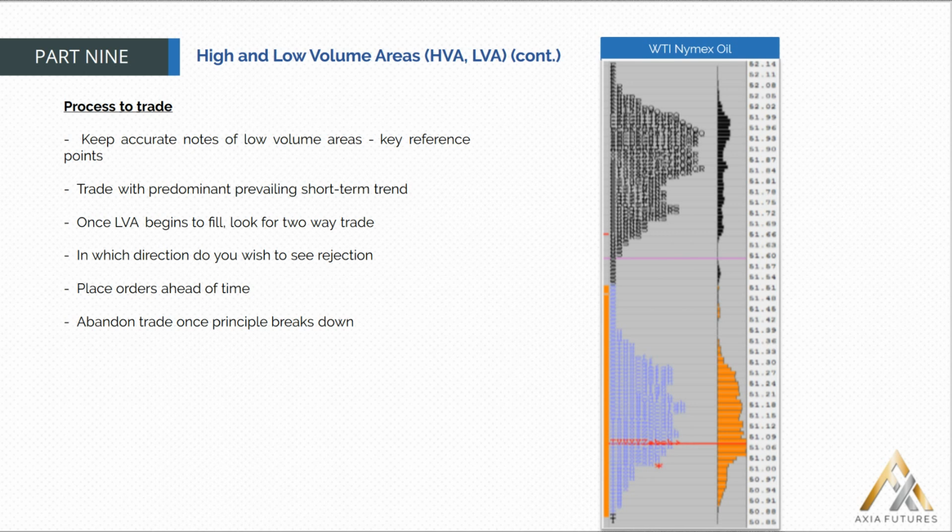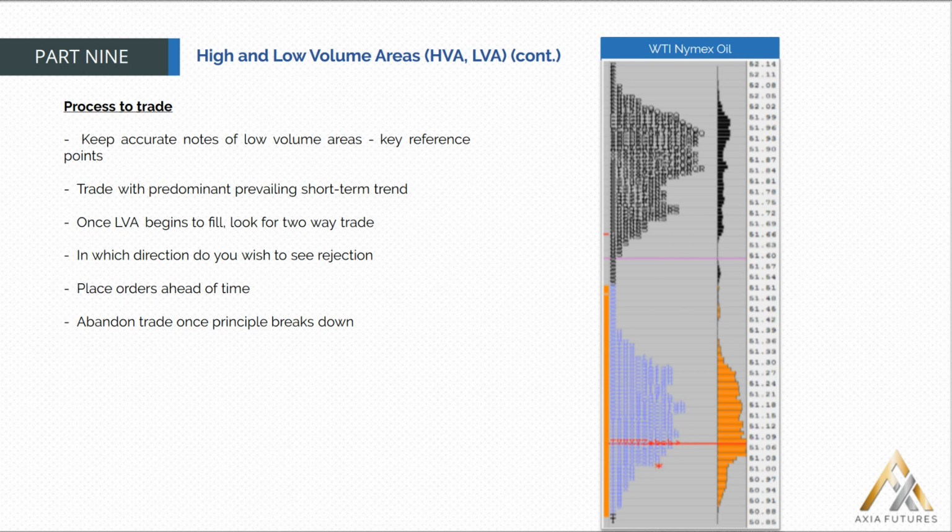Now note the low volume area, or the single TPOs that are untraded both in terms of time and volume. The important thing to understand is that we want to be maintaining short side trades only so long as the low volume area or single prints remain. Note, once the low volume area begins to fill, you want to look for two-way trade.